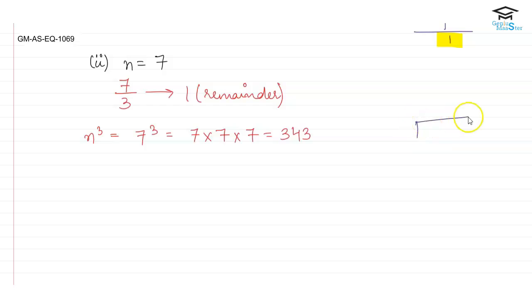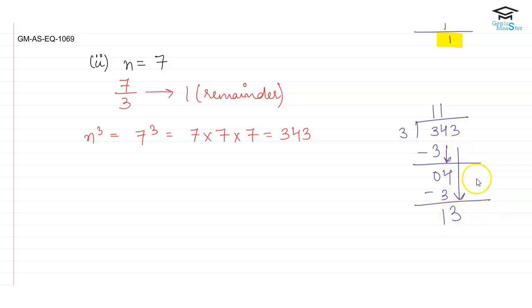So now we will divide 343 by 3. 3 fours are 12, so 1. Now we can see that it leaves remainder 1. So 343 divided by 3 also leaves remainder as 1.